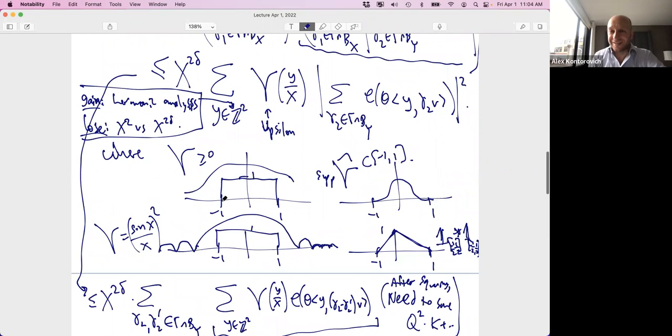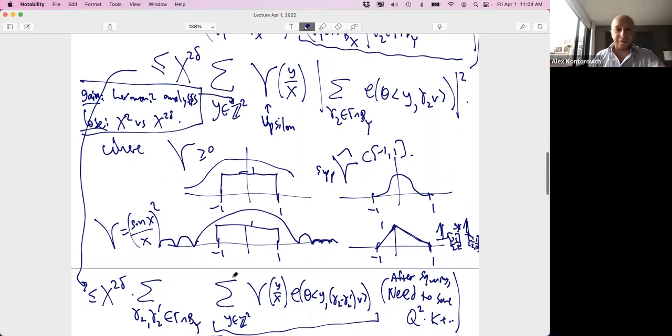Is this where we pick up the condition that delta has to be really big, so that x squared looks kind of like x to the 2 delta? Exactly. This is one of the places where this loss doesn't kill you, as long as delta is near 1.